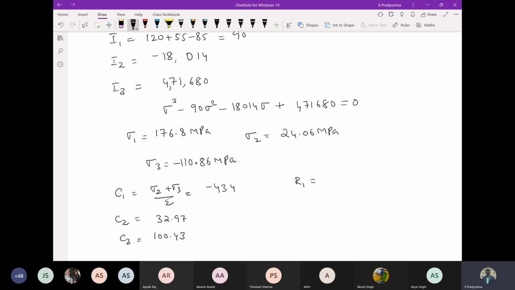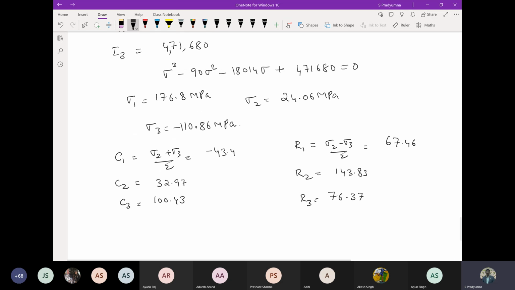Similarly, radius R1 is sigma 2 minus sigma 3 by 2, equal to 67.46 megapascal. R2, sigma 1 minus sigma 3 by 2, is 143.83, and R3 is equal to 76.37, that is sigma 1 minus sigma 2 by 2. Okay, so these are the radii and those things.